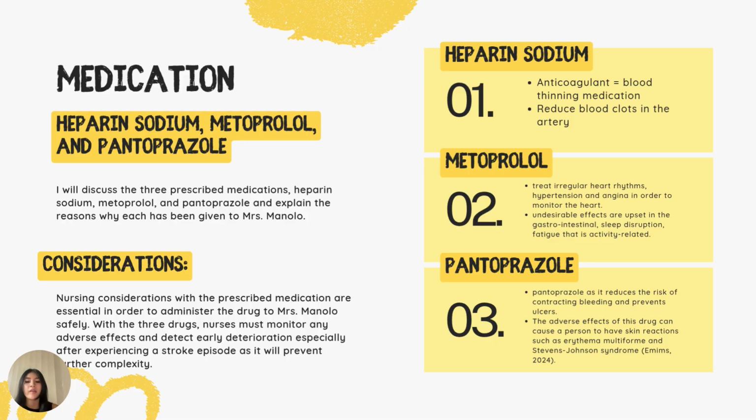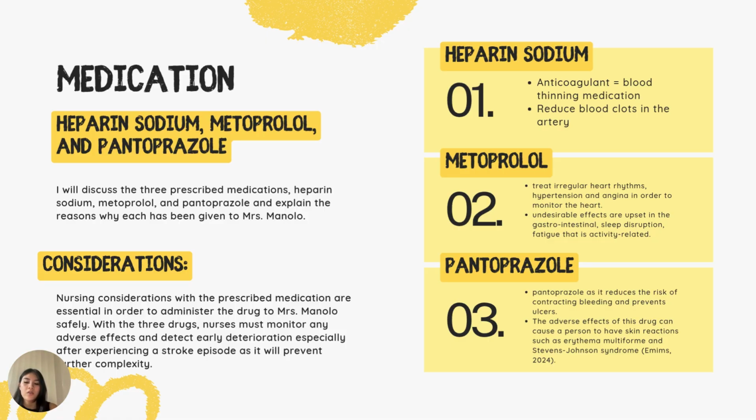MIMS demonstrated that the undesirable effects are upset in the gastrointestinal tract, sleep disruption, and fatigue that is activity related. This drug is given at the maximum prescribed dosage, and the tablet that is coated with film must be swallowed as a whole.